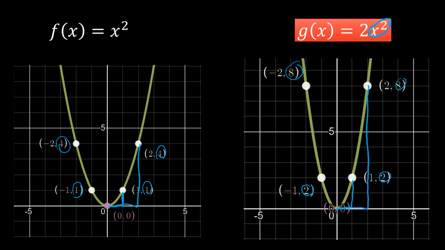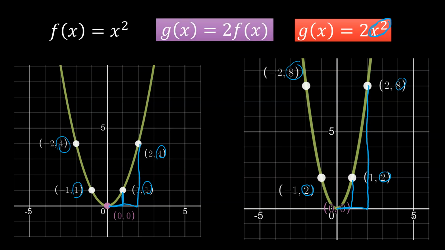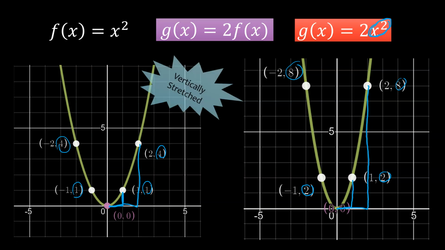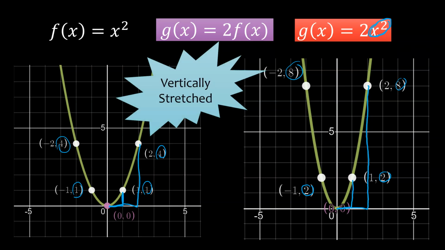In other words, you have g of x is equal to 2 times f of x. And f of x is the output, the y value. So we have a vertical stretch. Basically, we take the x squared function and we vertically stretch it by multiplying the y value by 2.